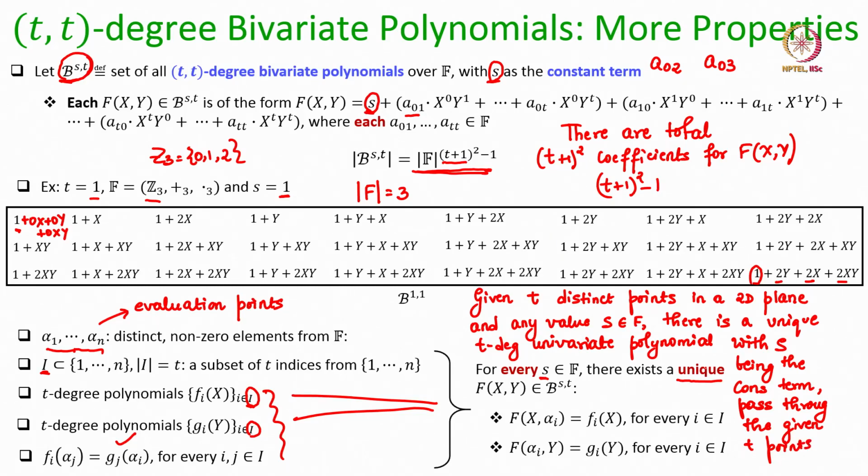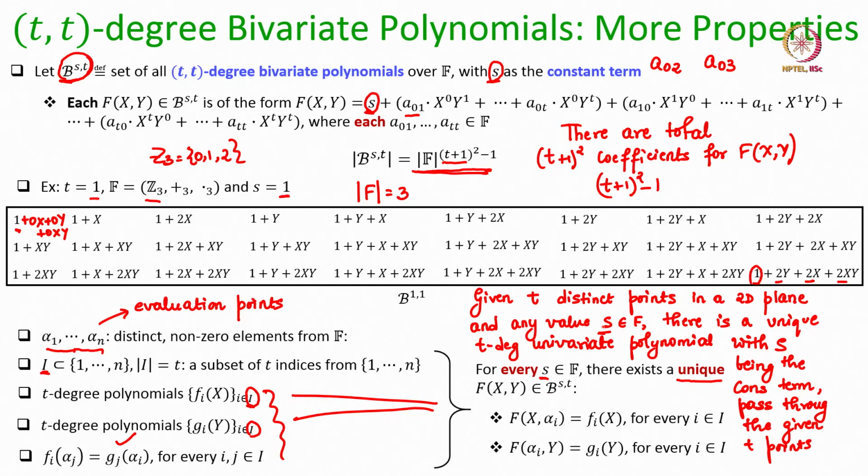I give you t points in the 2-dimensional plane and any value s, then I can always find a unique t degree univariate polynomial whose constant term will be s and which passes through those given t distinct points.